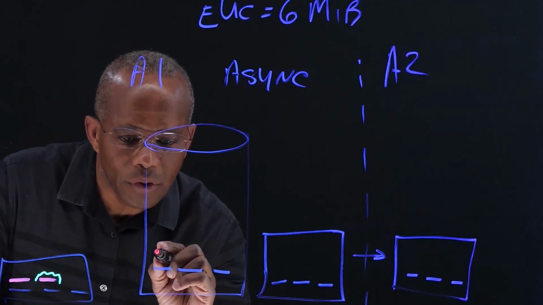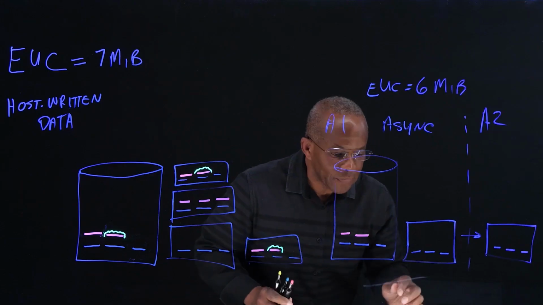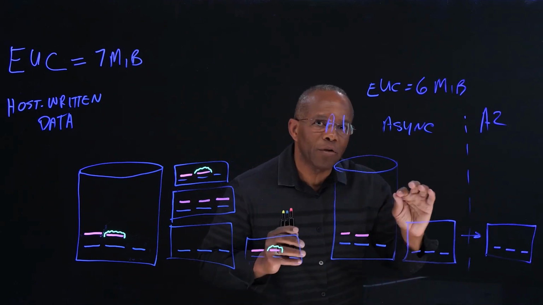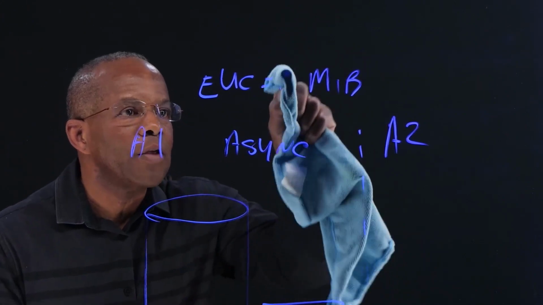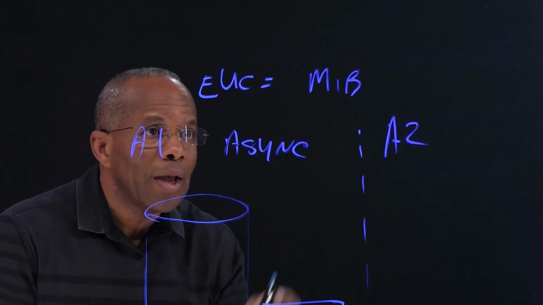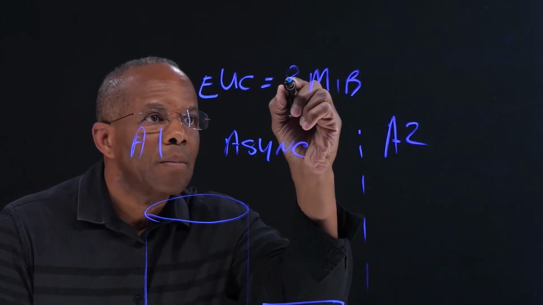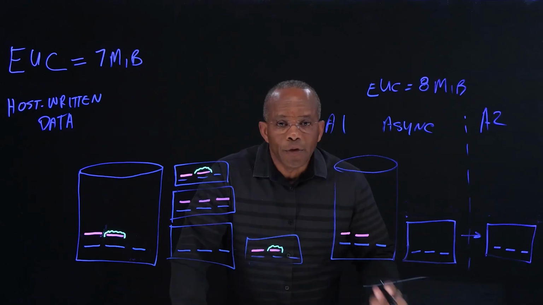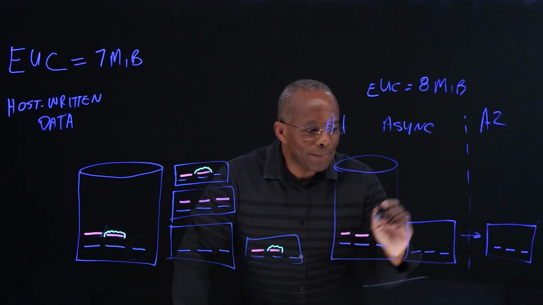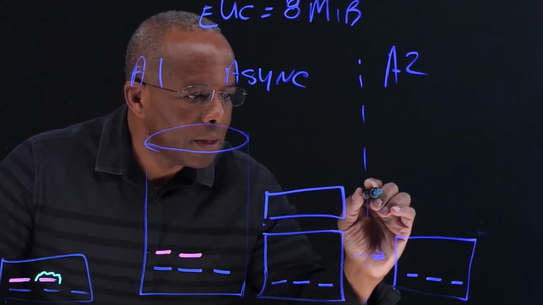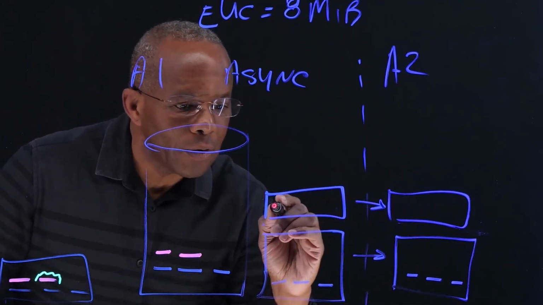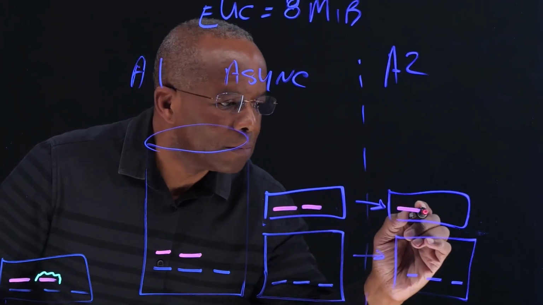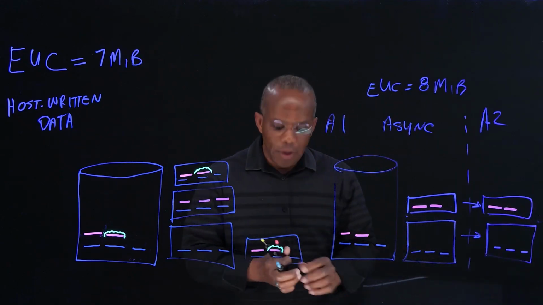Let's write 2 additional extents to the volume. So we added 2 extents, so our EUC now increases to 8. So it's not until changes have been snapped and replicated to the secondary array that your EUC is affected.